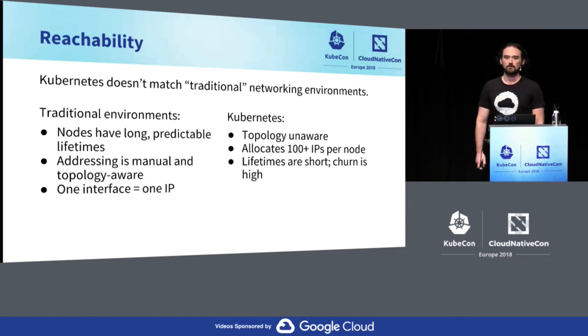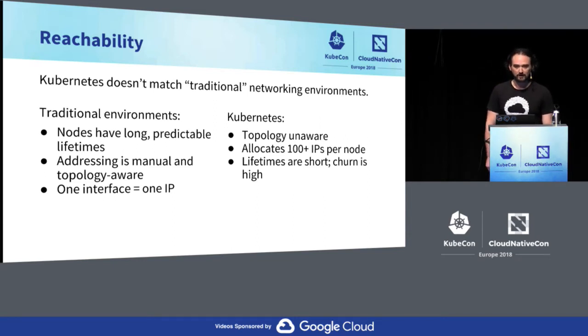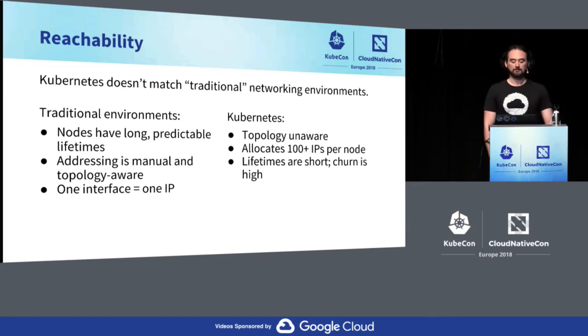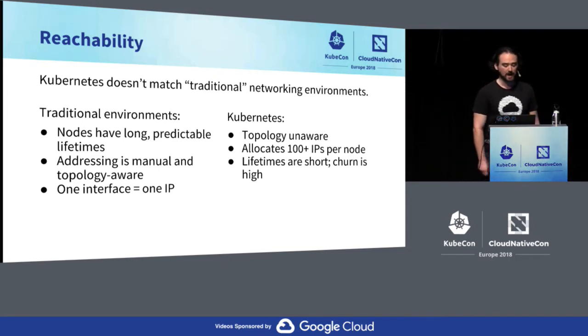Reachability really is a rich topic. And it is important to understand that Kubernetes doesn't match the traditional networking environment. In traditional networking environments, the general practice is that nodes or participants in the network have long, relatively predictable lifetimes. Importantly, address allocation is semi-manual and, most importantly, topology aware.